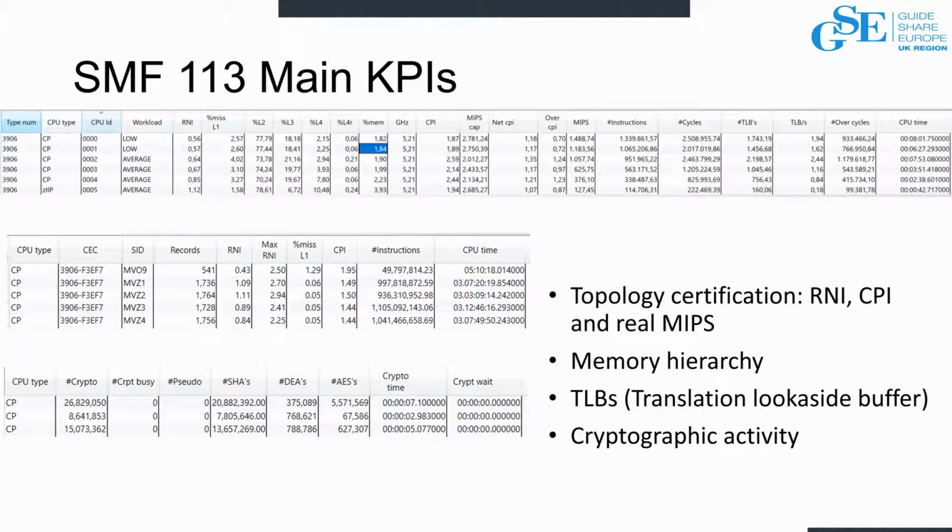You can calculate your RNI, you can calculate your CPI, and you can understand the CPI because you have the counter for the overhead cycles used to get one piece of information from a cache level.